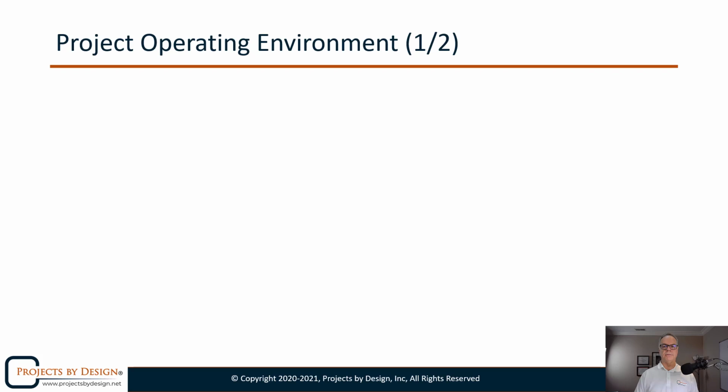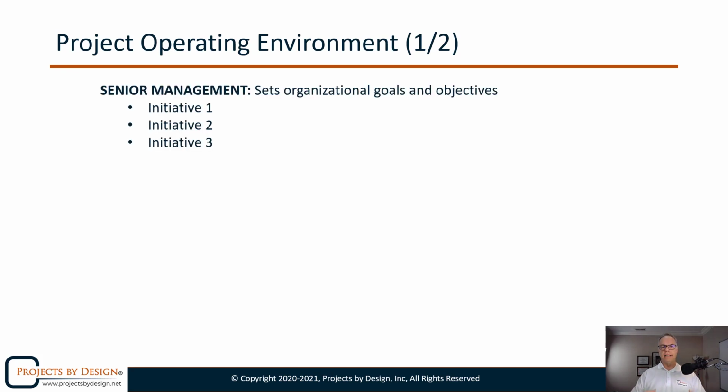Speaking of value delivery, a couple other quick slides here that I want to talk about. First is the project operating environment. When we look at the project operating environment, projects exist within an organizational context. That starts with senior management, through strategy, business direction, and so on, setting goals and objectives for the organization.